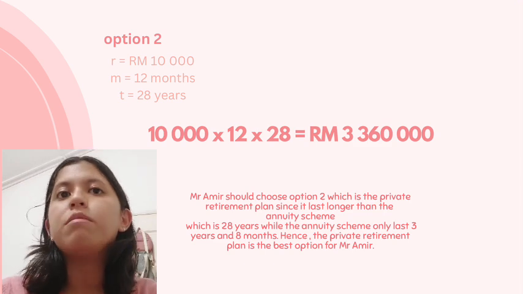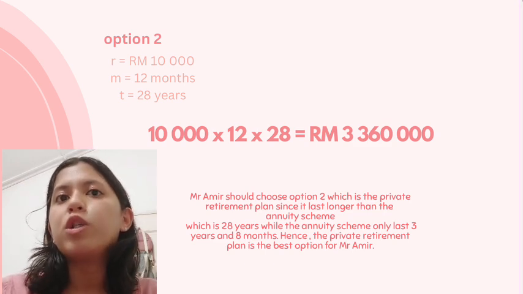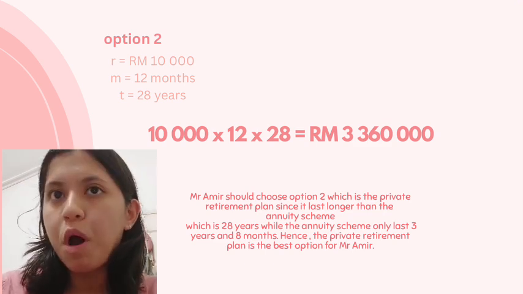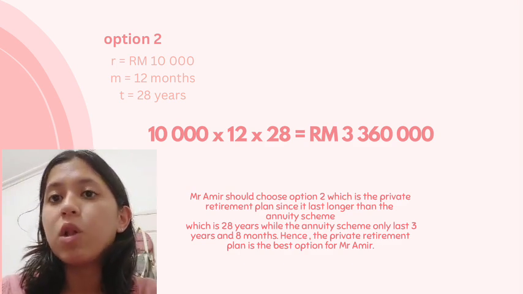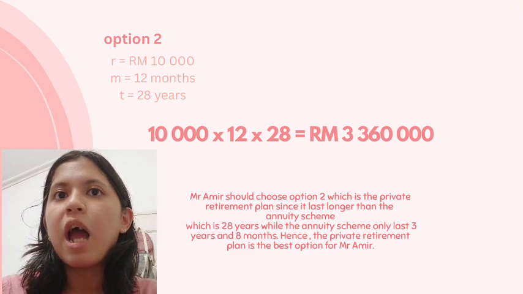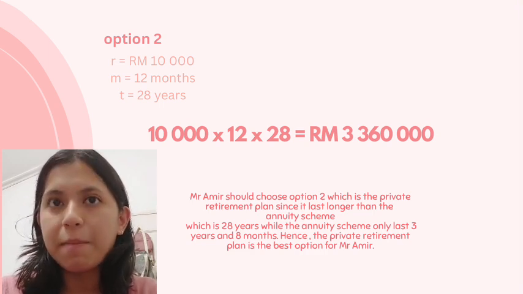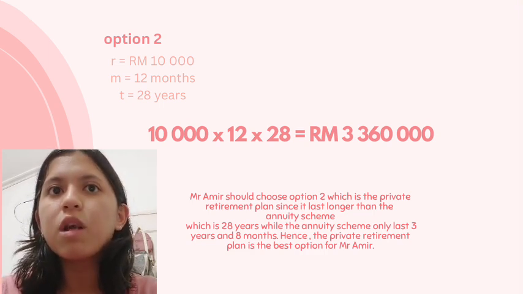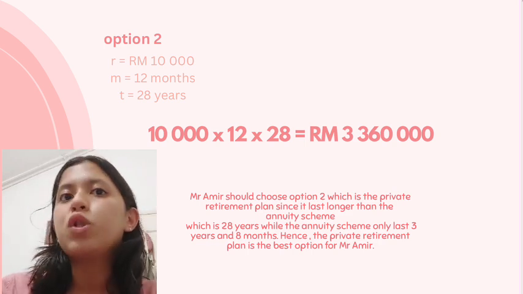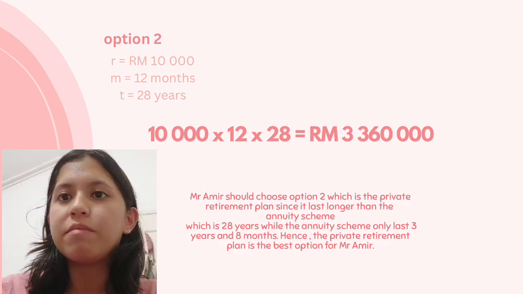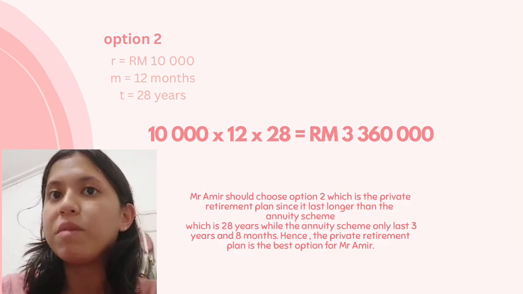Conclusion, Mr. Amir should choose option 2, which is the private retirement plan, since it lasts longer than the annuity scheme, which is 28 years, while the annuity scheme only lasts 3 years and 8 months. Hence, the private retirement plan is the best option for Mr. Amir.